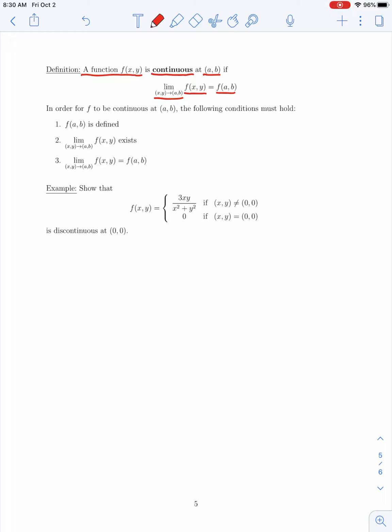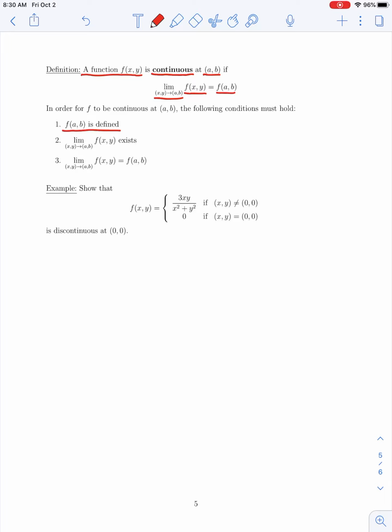Now, this definition really implies three things that we must check to establish continuity of a function at a point. The first condition is that f of a, b must be defined. So the function must be defined at our point a, b in order for it to be continuous at that point.